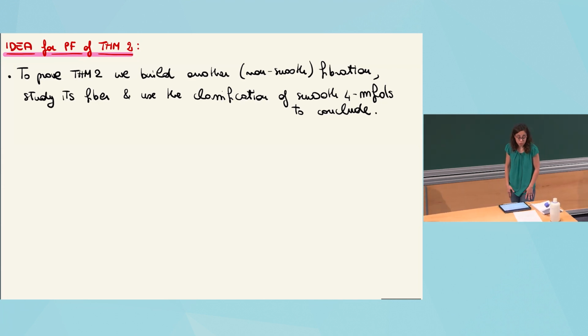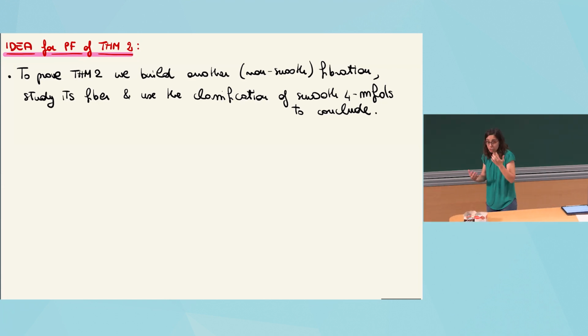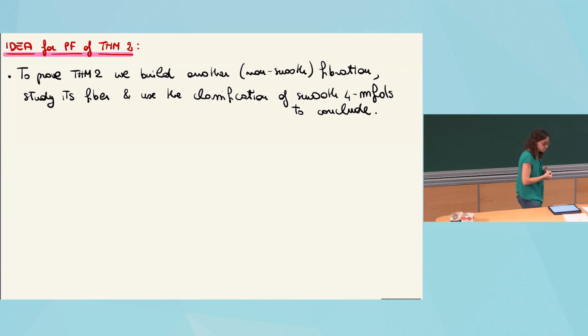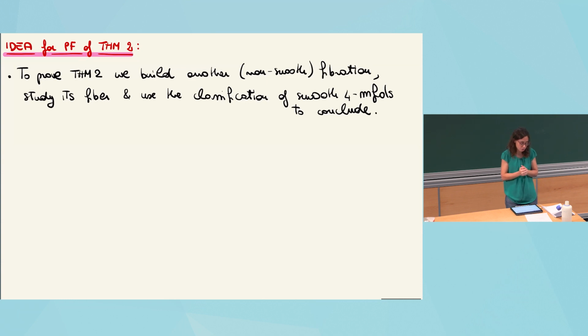Okay, so theorem 2. Maybe I already gave you the snapshot, but what we are going to do is, we have this non-smooth fibration that we build very concretely. I'll tell you in a second where it's coming from. We study its fiber.